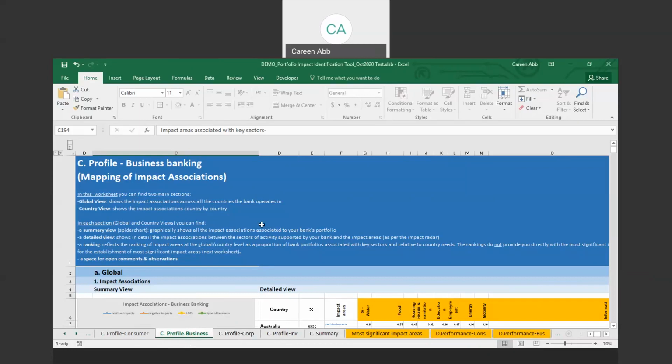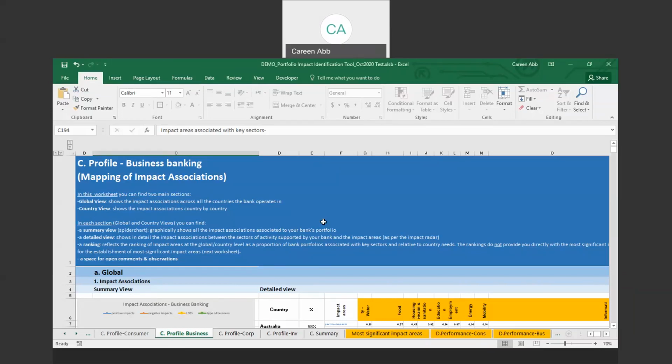And what this profile corresponds to is the 3rd step in the methodology's first phase. That first phase being impact identification, where we are seeking to understand which impact areas are associated most prominently with your different business lines.